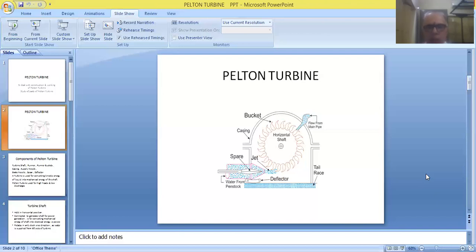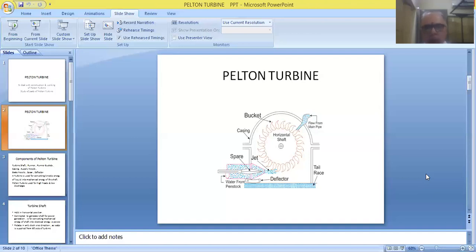And secondly, maximum number of blades are fitted to the runner. So this runner will be taking maximum amount of energy that is present in the liquid, and therefore it requires little quantity of water. It requires less quantity of water for power generation.